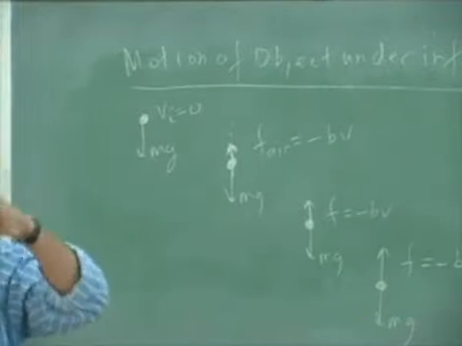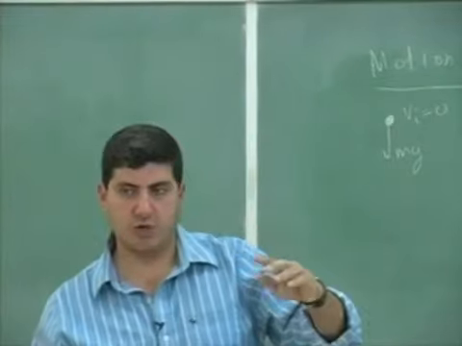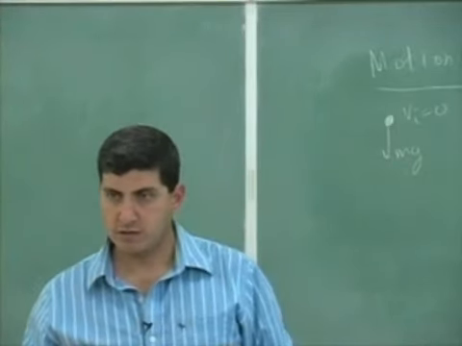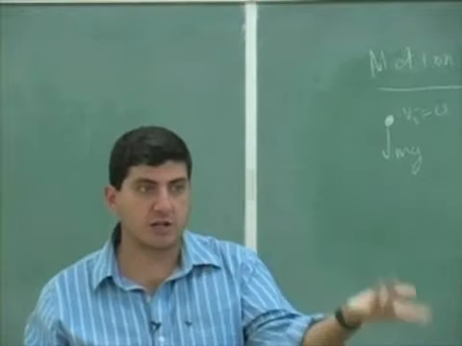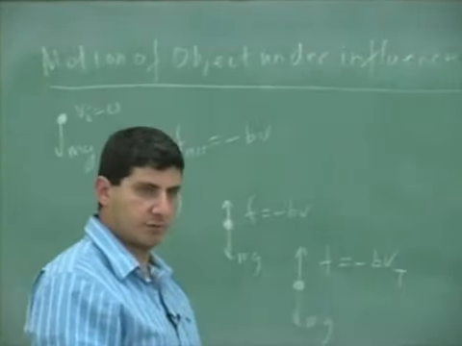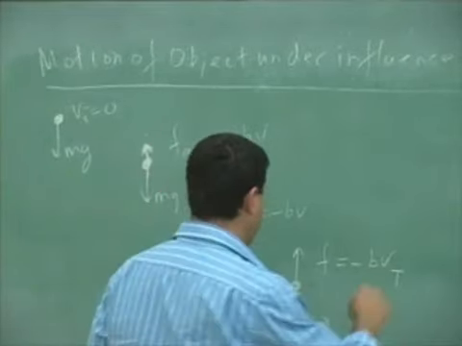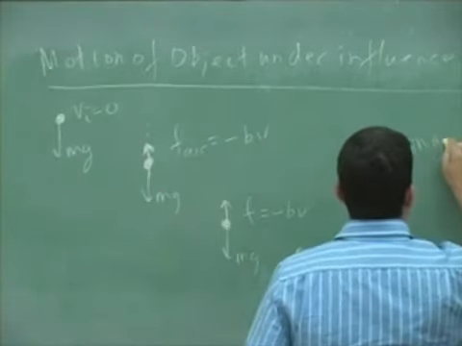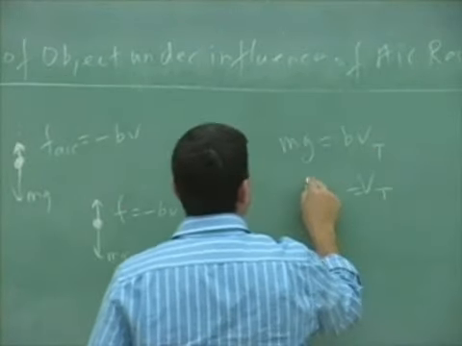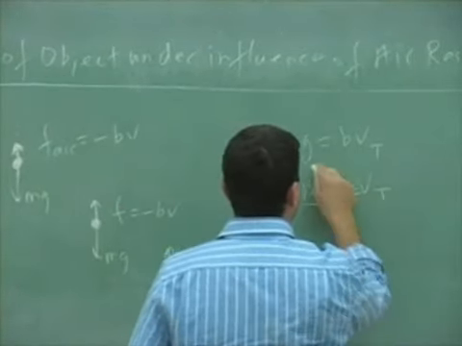When you have achieved such a velocity where the air friction opposes the weight, and then you're no longer accelerating, you have achieved terminal velocity. So when mg equals b v terminal, v terminal equals mg over b.